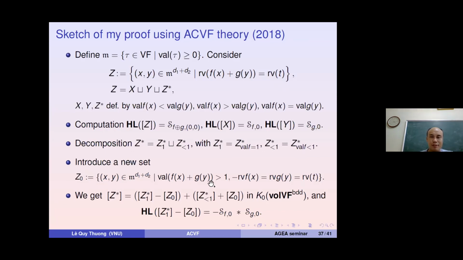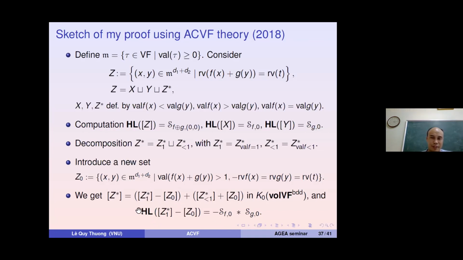So we get a new decomposition of this star as the sum: this one star minus Z0 is a new set, plus this one, plus this star less than 1, plus this 0, and this one.